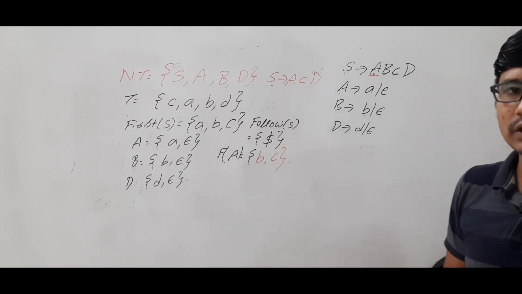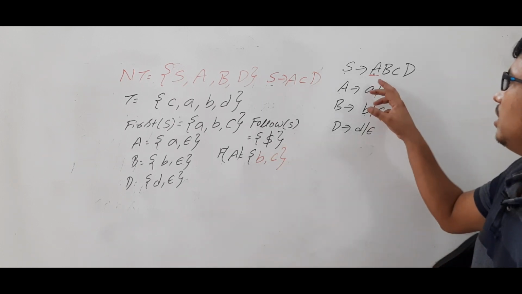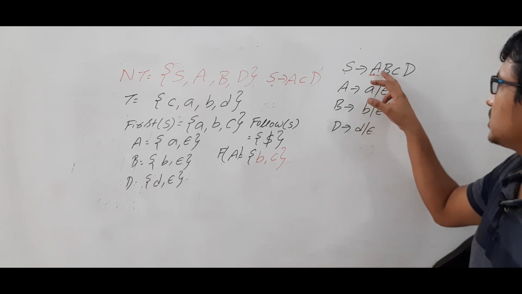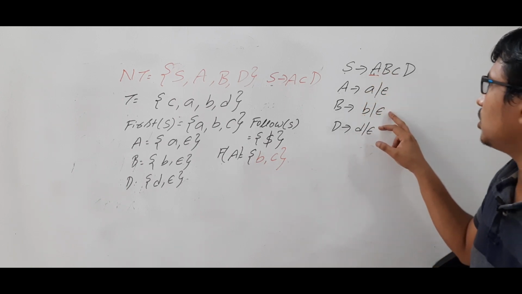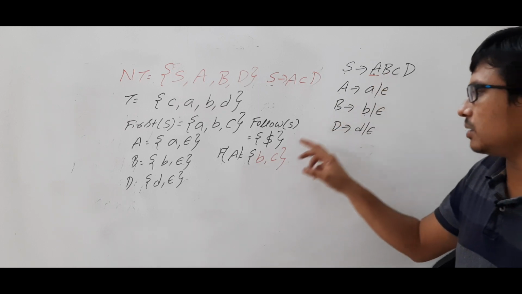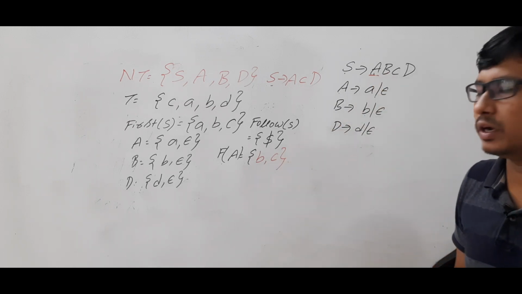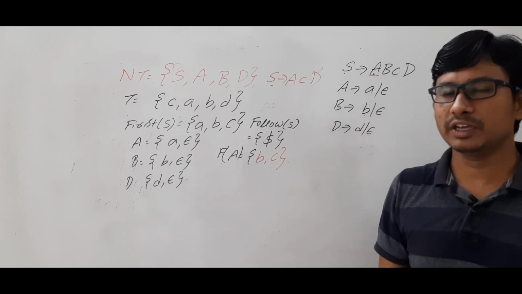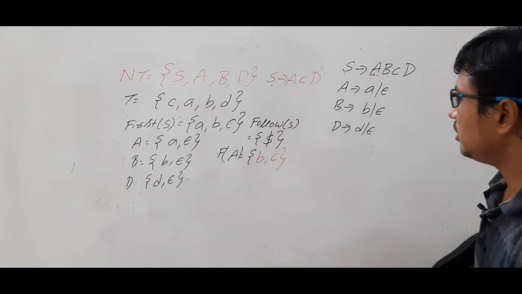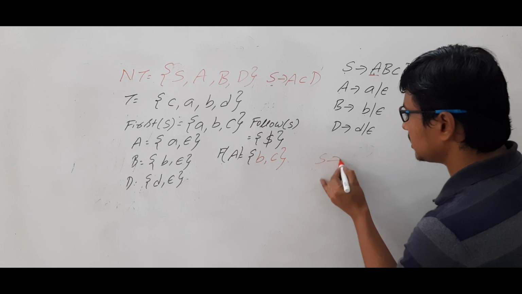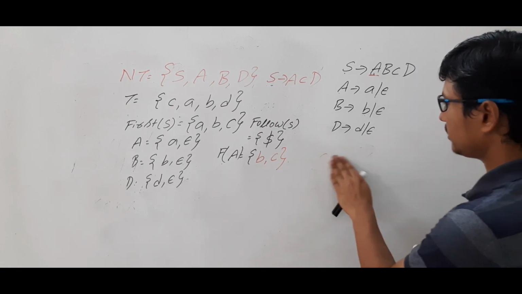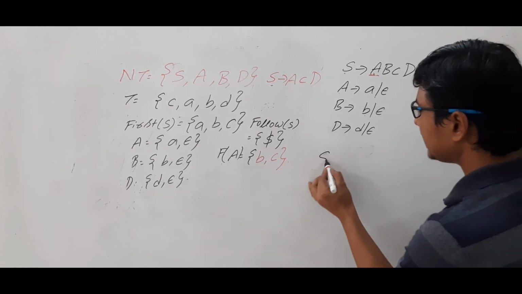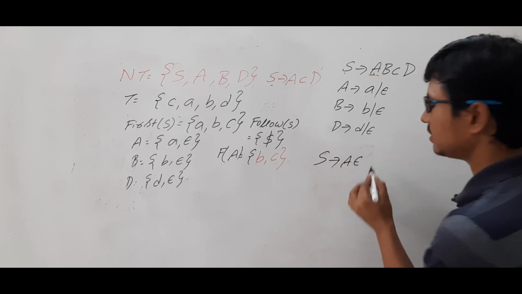How many members have understood? Is it clear? Whenever you get a first of any non-terminal as epsilon, then you don't consider epsilon in the follow. Remember one point, follow of any non-terminal will never consist of epsilon. Is it clear? Because if you have a production like this, S determines A, epsilon is there.